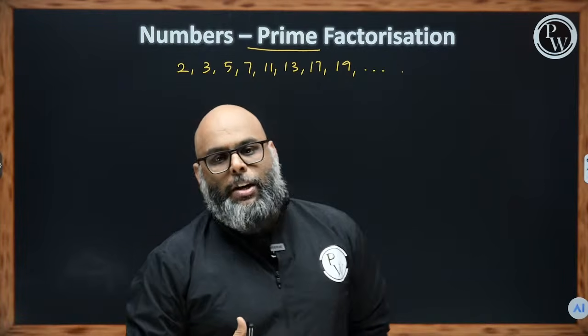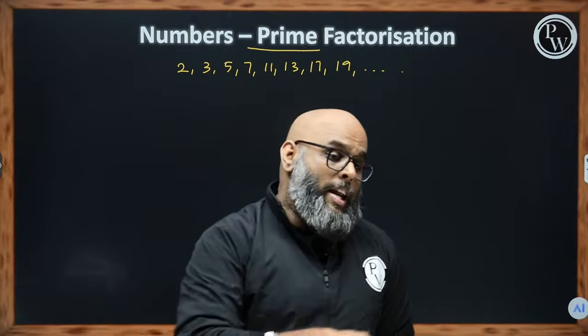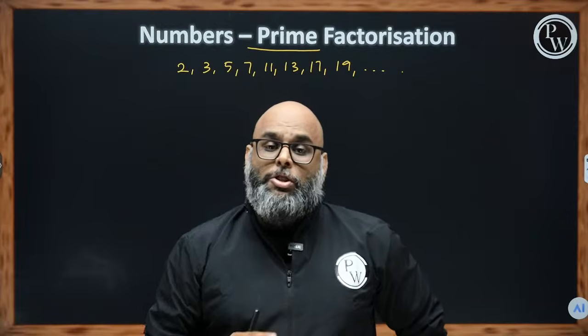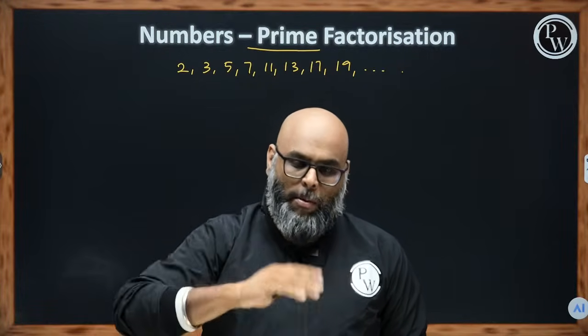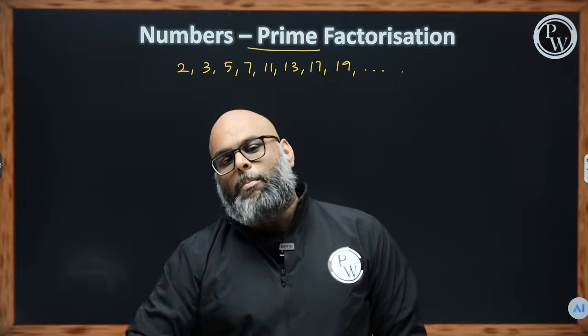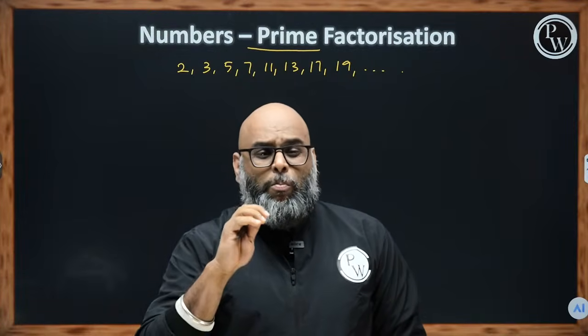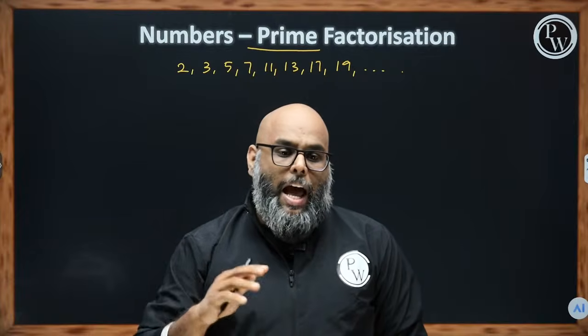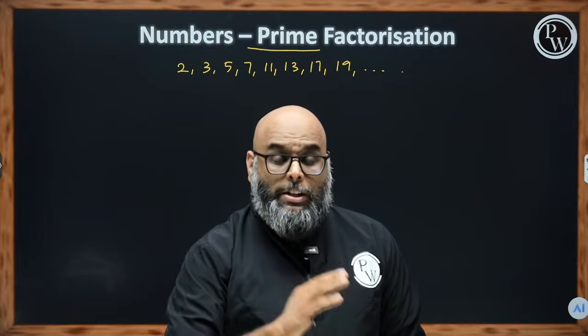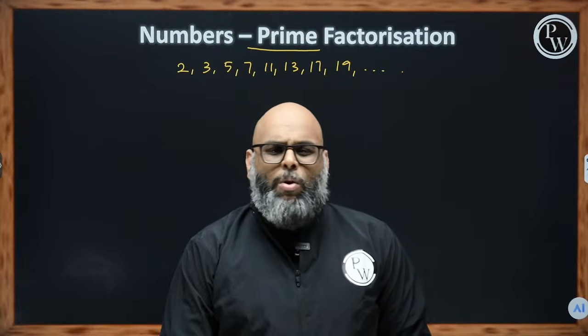What is the speciality of prime numbers? Take any natural number. Take that number, put it down, and it can be represented as a product of prime numbers in a unique way. What do I mean by that?